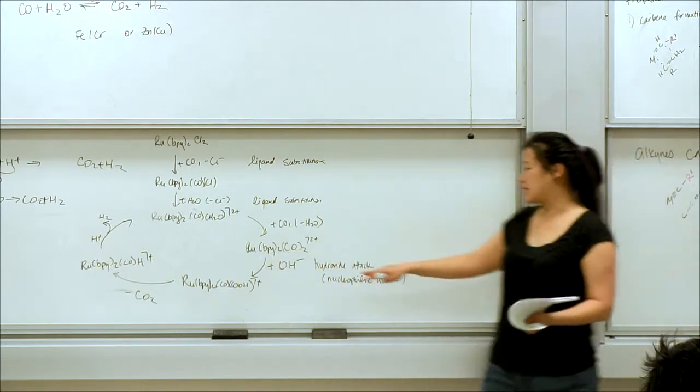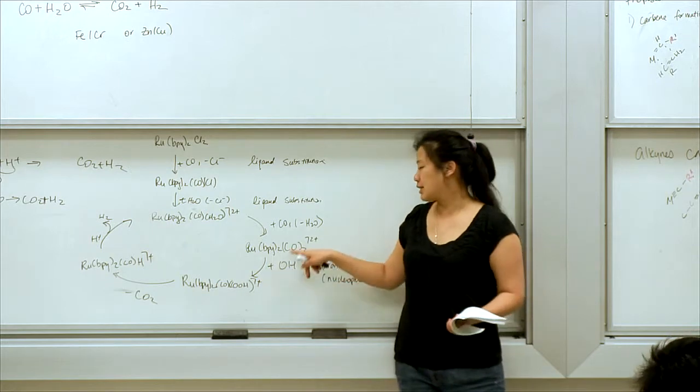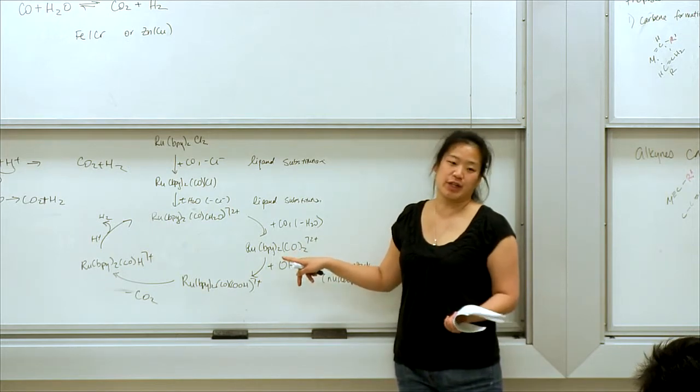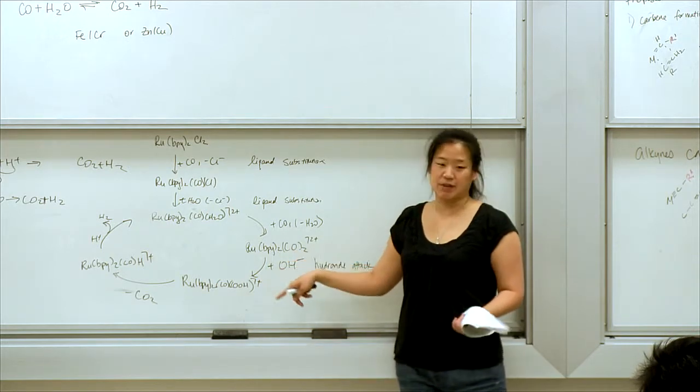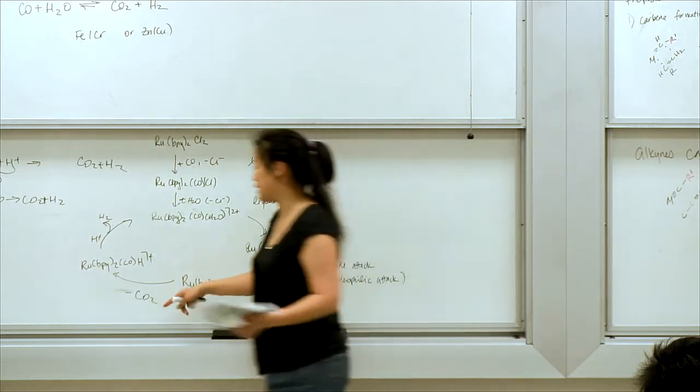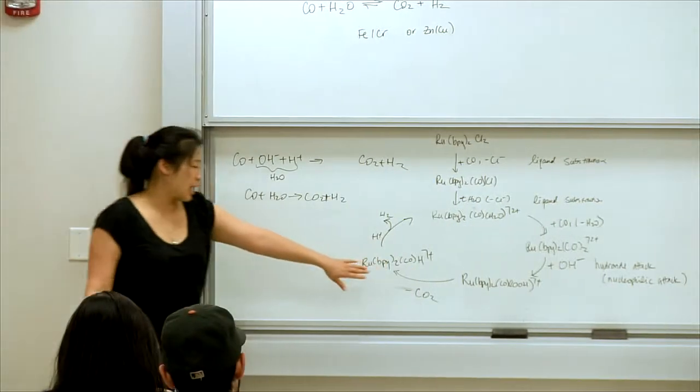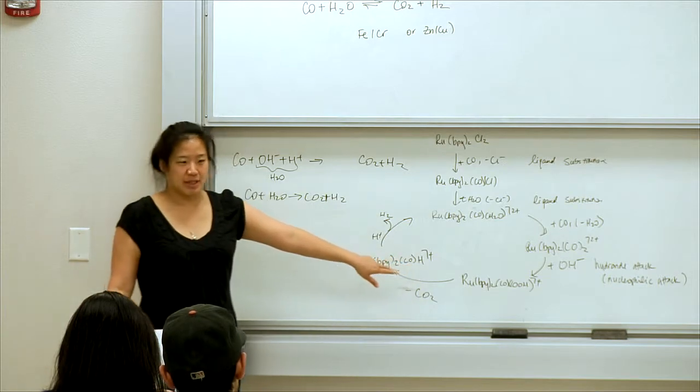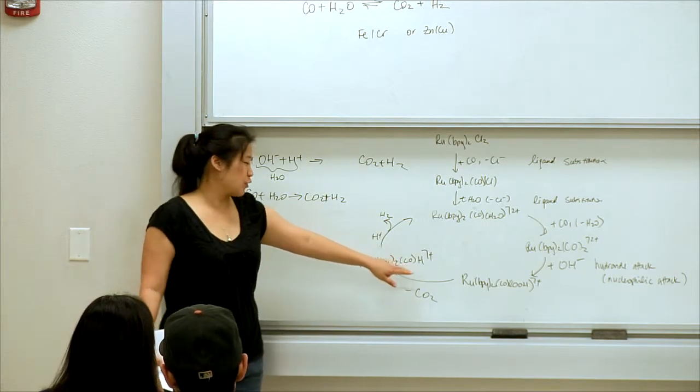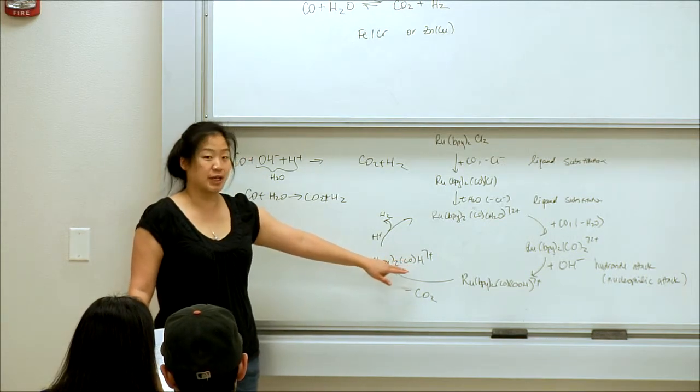And for example, if this attack is a slow step, how do we make this carbon more electrophilic, right? How do we make this attack faster? If the decarbonylation is the slow step, how do we make a stronger hydride, right? Because that will drive the reaction forward if we're able to stabilize this intermediate.